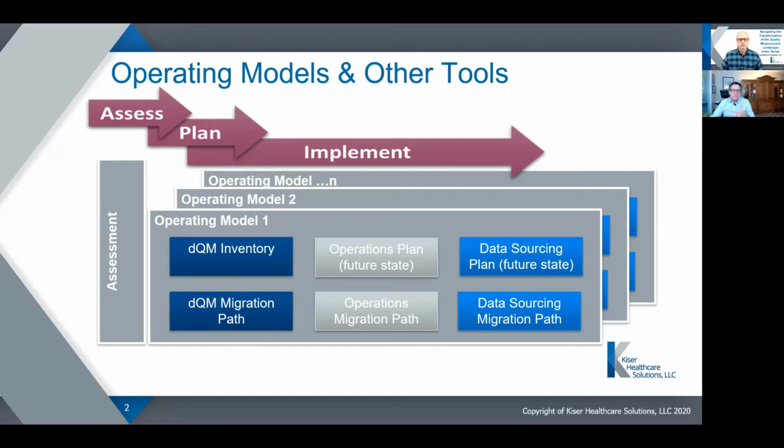Admin data, supplemental data, some standard, probably a lot of non-standard, registries, aggregators, and so on. So operating models incorporate all that information and apply best practices to implementing the measures, and the most effective and automated way of getting and validating the data compared to today's typically very messy operation.